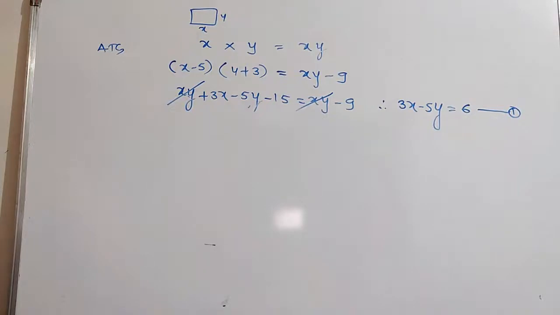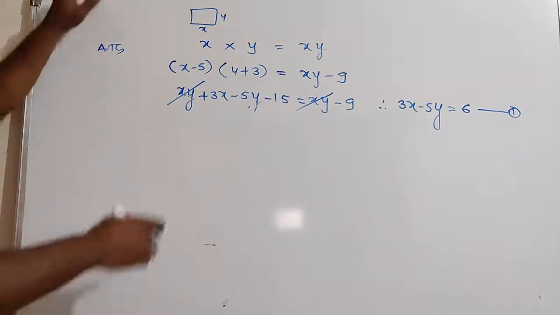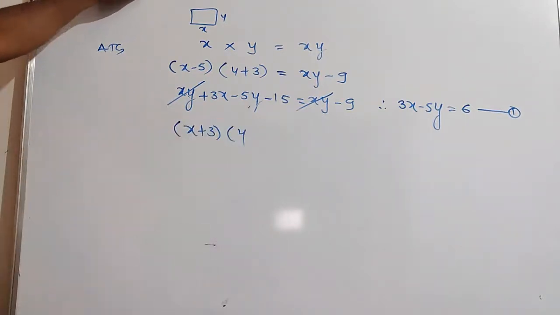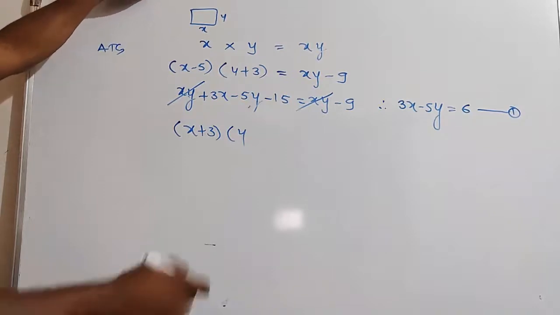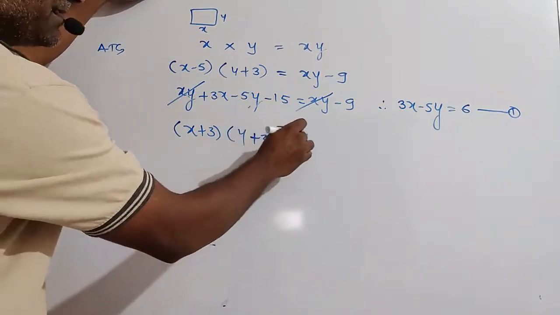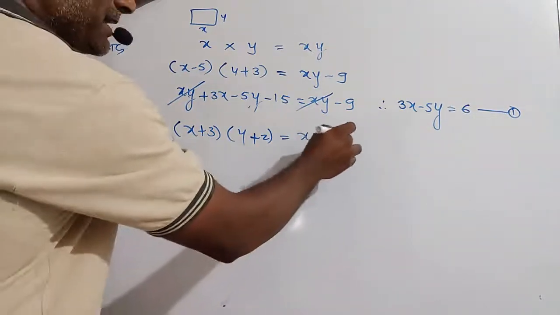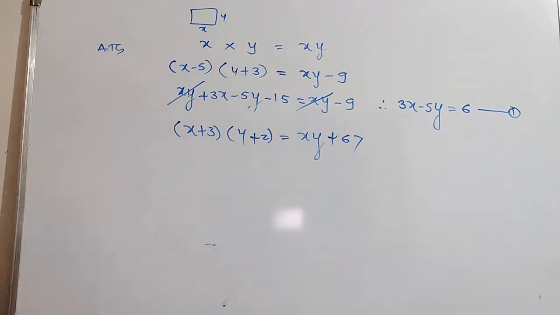The second statement will give the second equation. What is the second statement? If length is increased by 3 units and breadth is increased by 2 units, the area of the rectangle is increased by 67 square units.